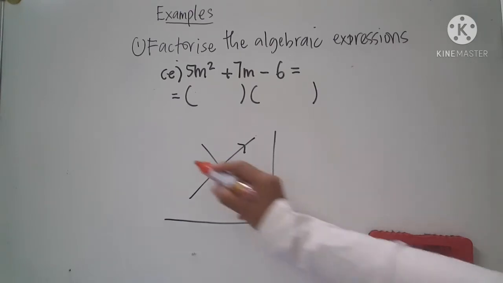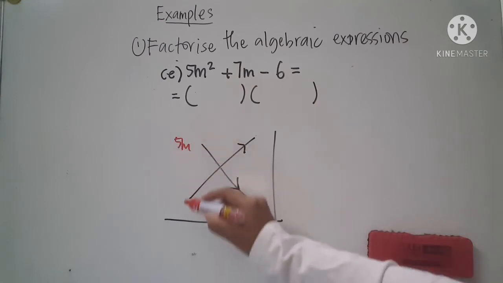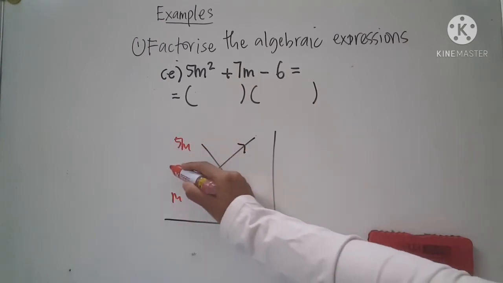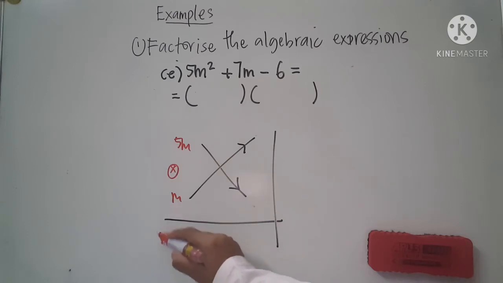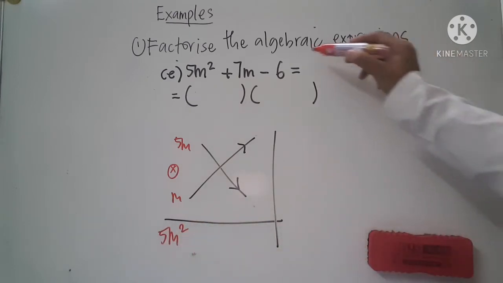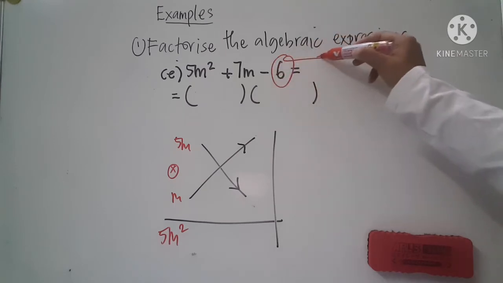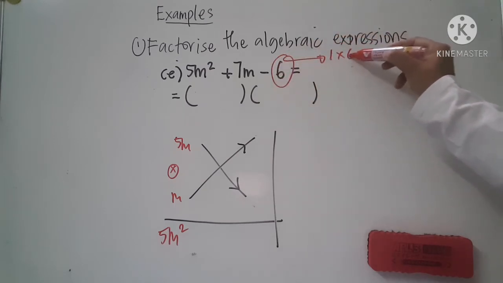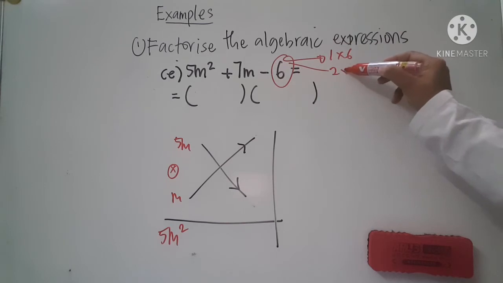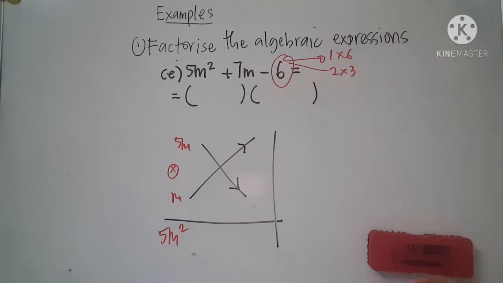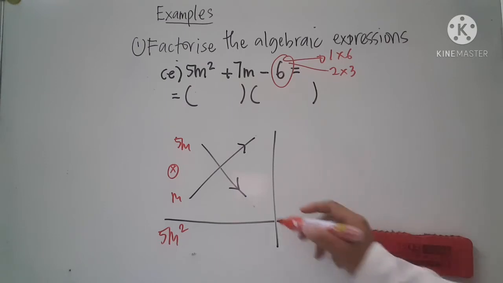The first column, let's say I put here 5m and m here, you multiply, you will get 5m squared. How we get 6 here is 1 times 6 or 2 times 3. Now what are we going to write down here?